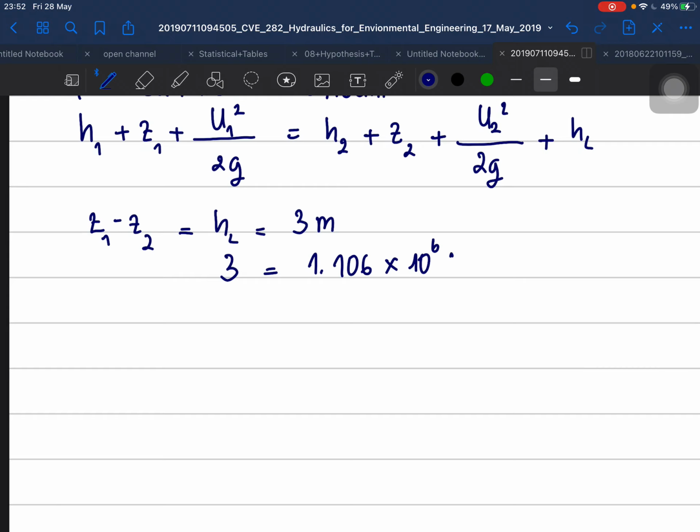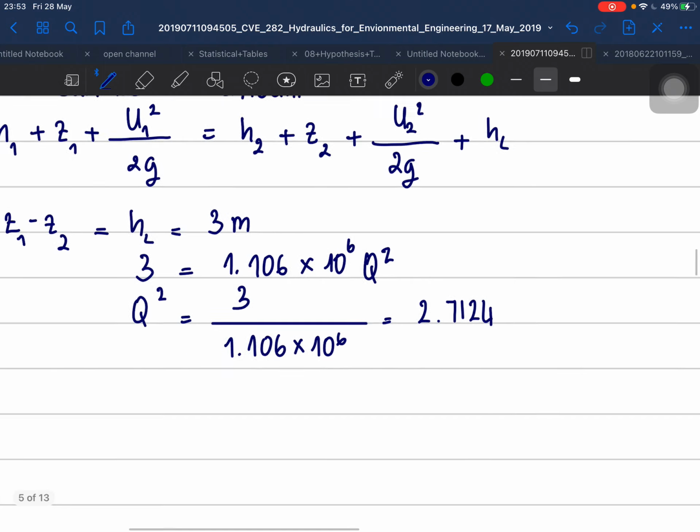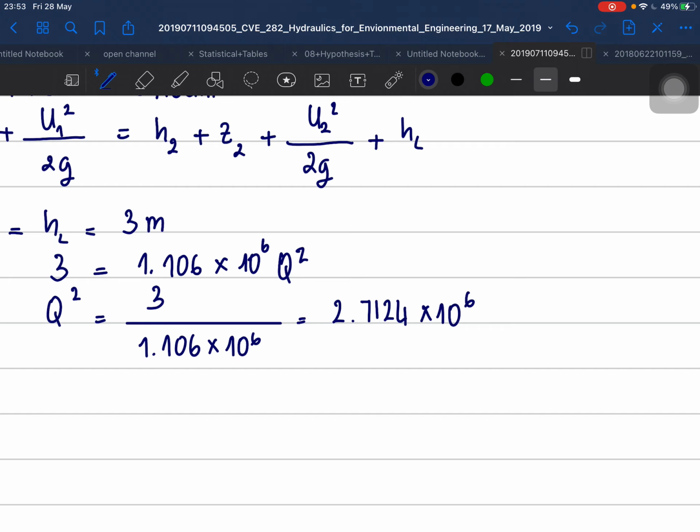The answer is, wait, what is the right answer? 2.7124 times 10 to the power of 6.